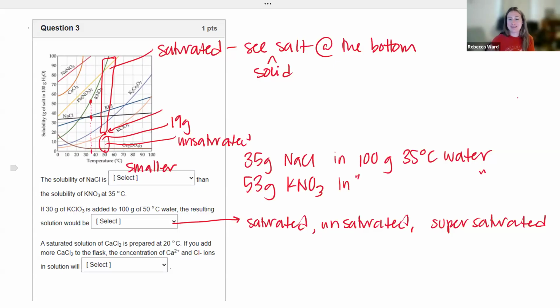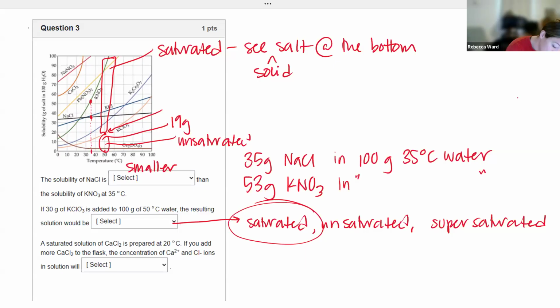It just means that it's sitting at the bottom as a solid. So for supersaturated, we have to tell you that we did something special in lab to make that happen, because it's thermodynamically not very stable. It's metastable. All right, so that is a saturated solution.